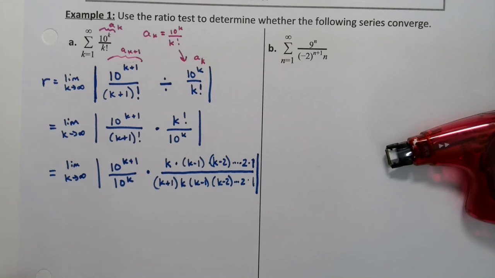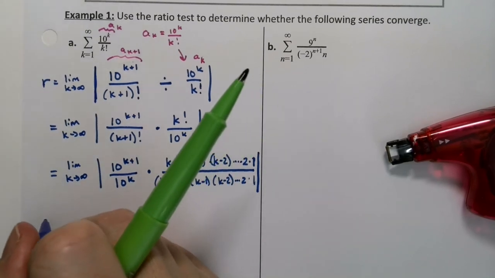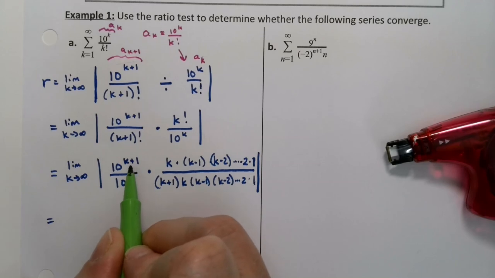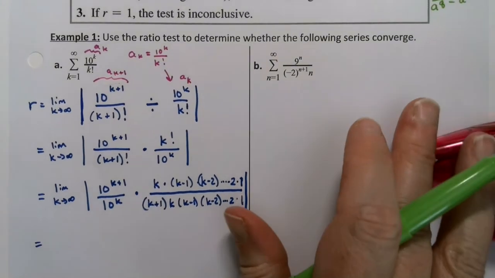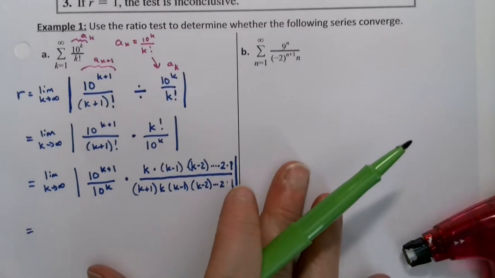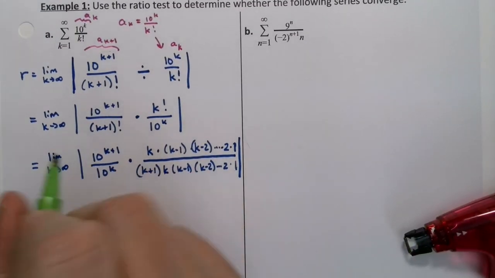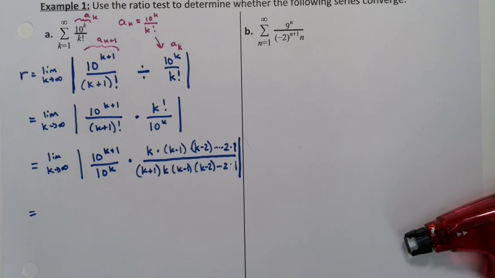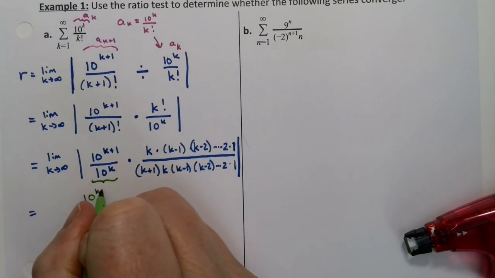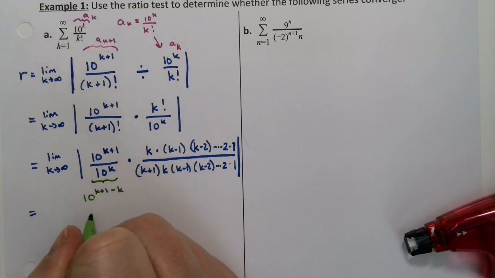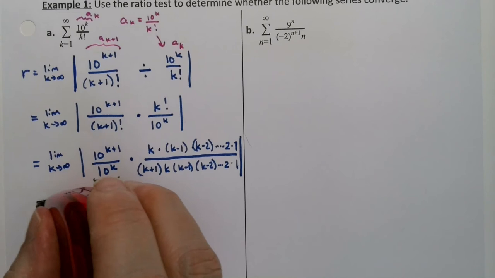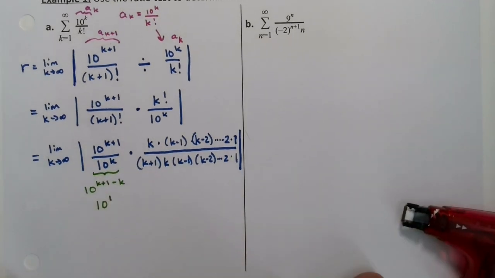Now over here in this corner, think about what's going to happen. I have 10 to the k plus 1 over 10 to the k. So using this rule, we would take k plus 1 minus k, and we'd be left with 10 to the k plus 1 minus k, which would of course be 10 to the 1, which is 10.